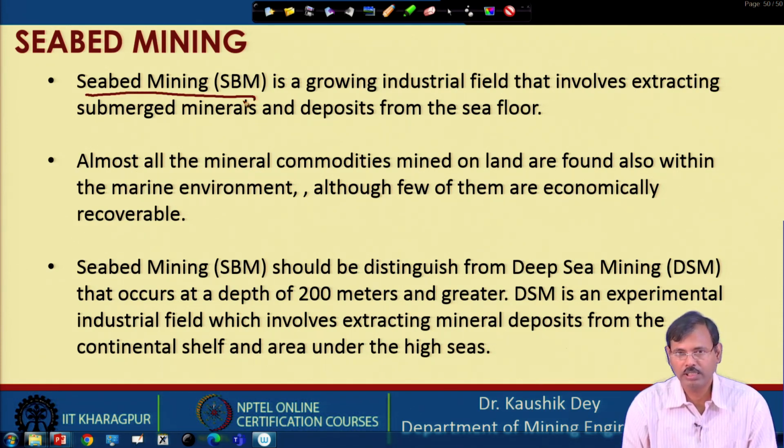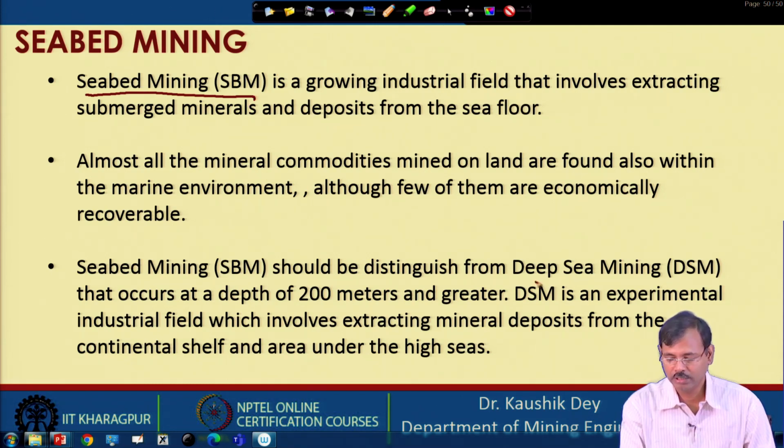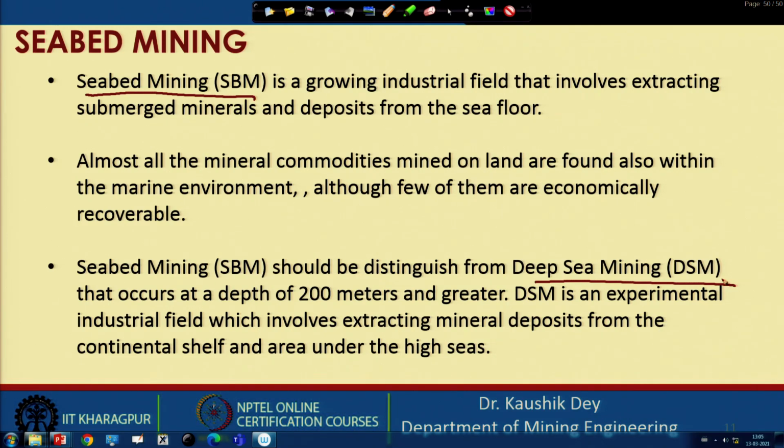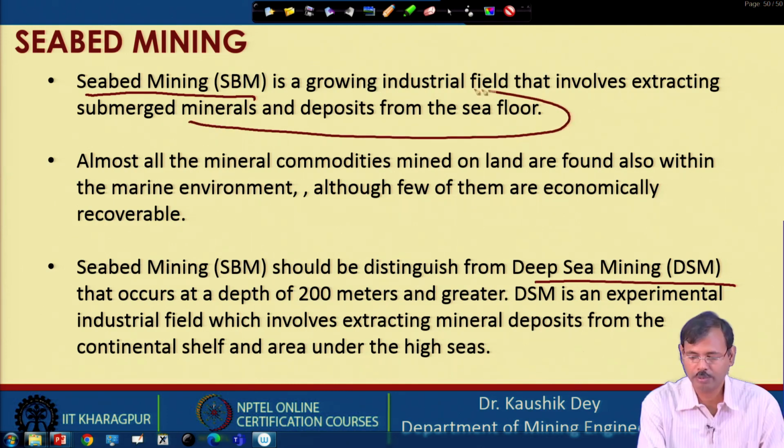Seabed mining is also termed deep sea mining. Generally, seabed mining is the excavation of the deposits of the sea floor, and it is considered deep sea mining where the depth of excavation is 200 meters or greater.